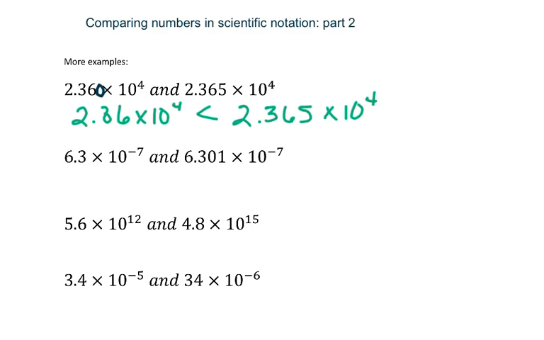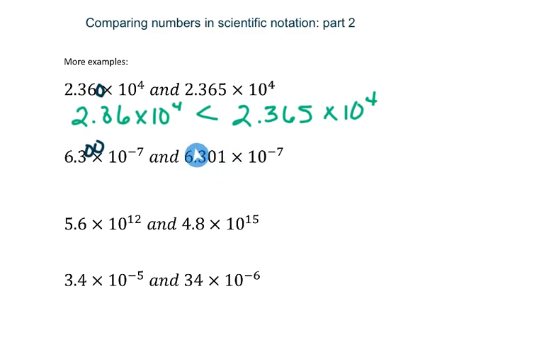In the next one, we have the same exponents, 10 to the negative 7, 10 to the negative 7. So we compare the first factors. So I'm going to add over here place values to match how many place values we have here. So I'm going to add 2 zeros there. So you can think of that as 300 thousandths, and this is 301 thousandths.